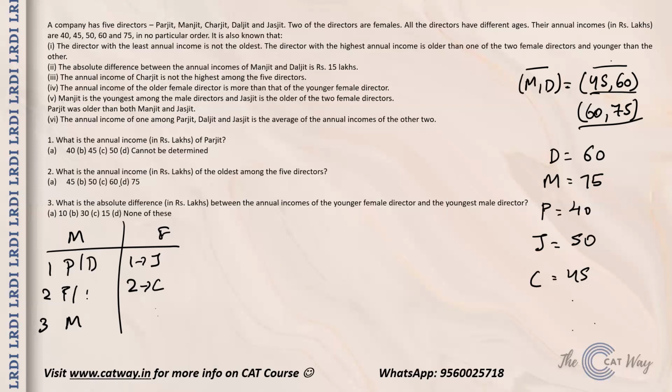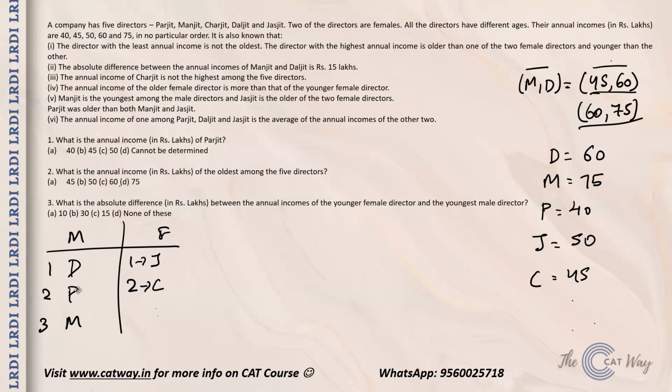That means D is one of the other male directors. Then the director with the least annual income is P, that is 40 lakhs, and he cannot be the oldest. So P is not going to occupy the first position, P is going to occupy the second position. Now the set is complete.